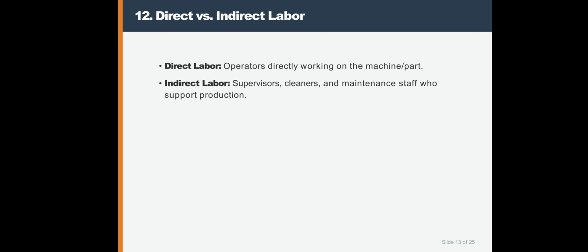Direct labor cost can be charged directly to the job under preparation. Indirect labor are the non-productive staff who help the productive labor in performing their duties.